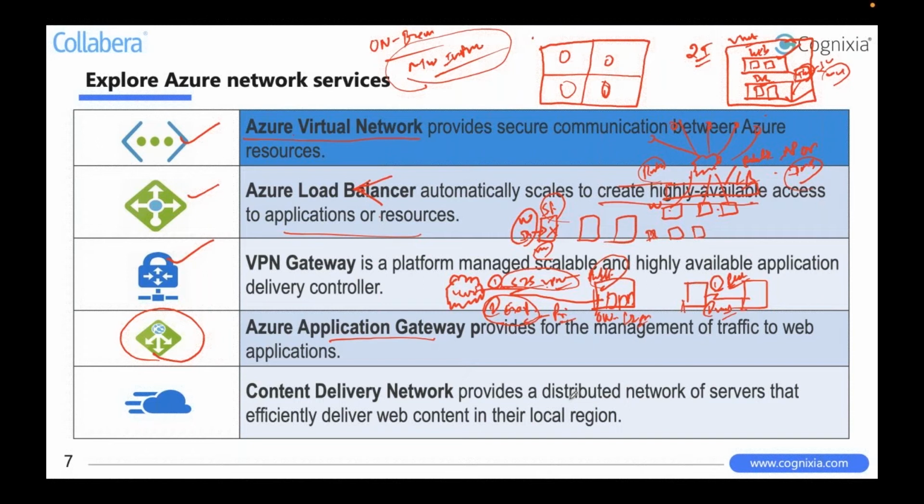You will get web application firewall support, which will protect your application from DDoS, cross-site scripting and SQL injections, using OWASP rules. You get SSL termination or SSL offload on your application gateway. You get path-based routing or URL-based routing.